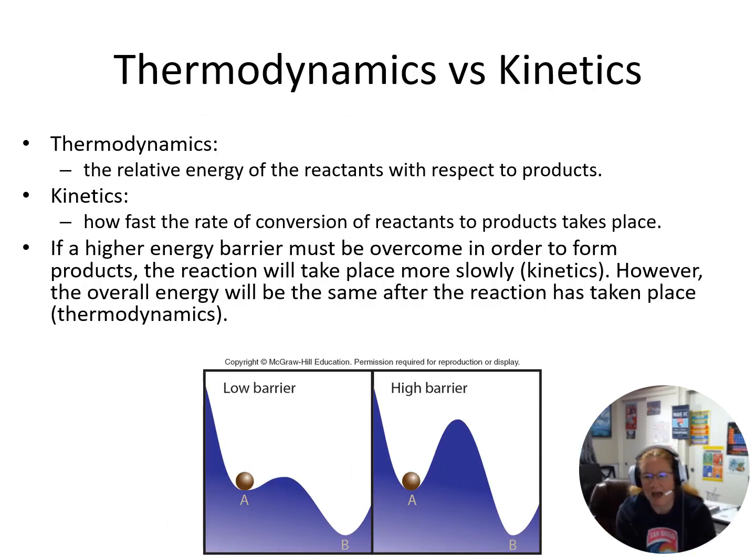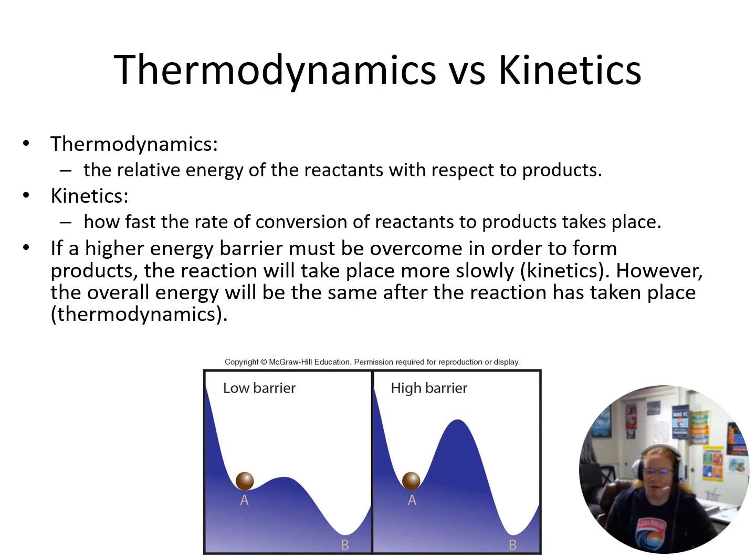And then I can look at thermodynamics versus kinetics. Thermodynamics is the relative energy of our reactants with respect to products. In order to get a reaction to go, we have to get over the activation energy. Kinetics is how fast something goes. If I have a higher energy barrier, then it's going to go slower.